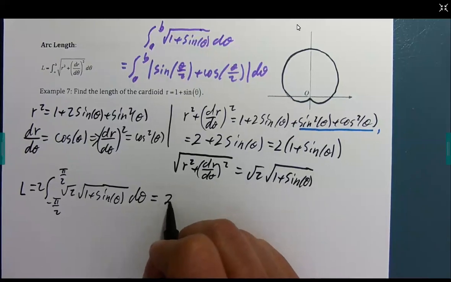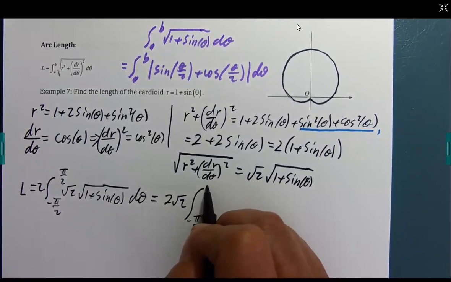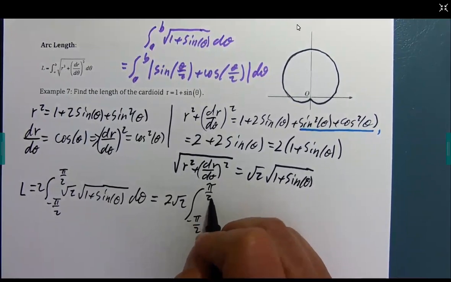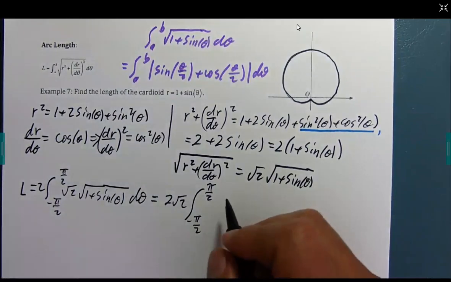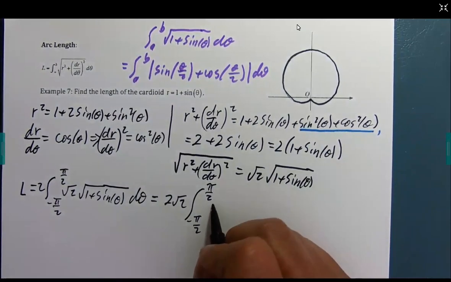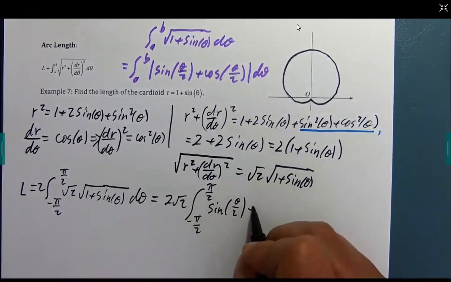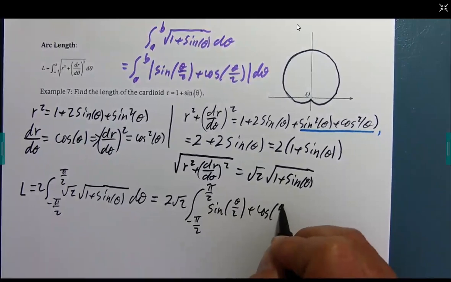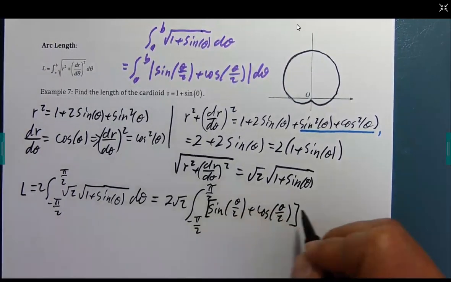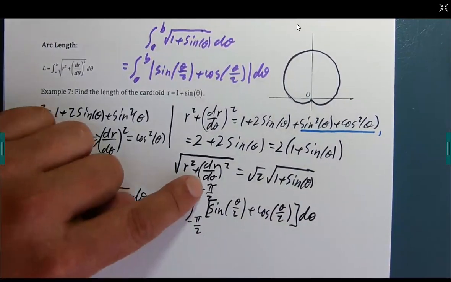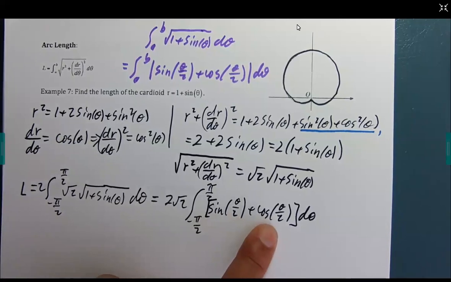So 2 root 2, and we end up with sine of theta over 2 plus cosine theta over 2. Again, I don't need to put the absolute value because from negative pi over 2 to pi over 2, even sine is positive there, and cosine is definitely positive.